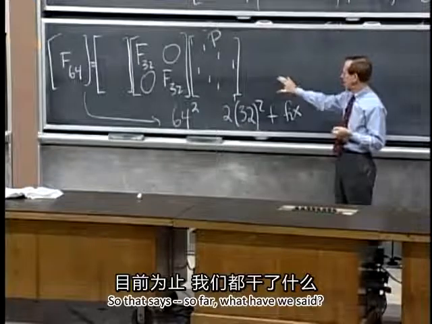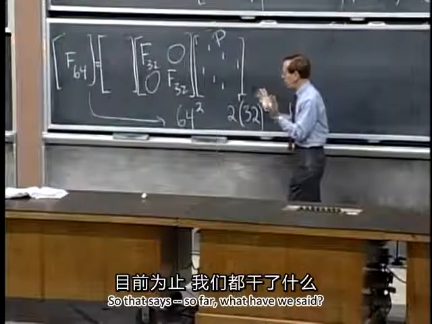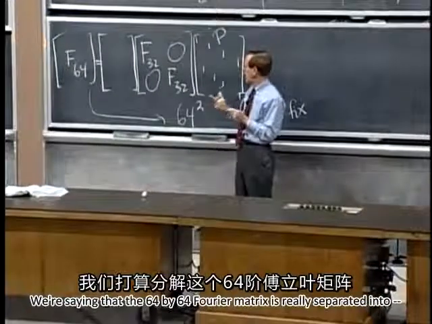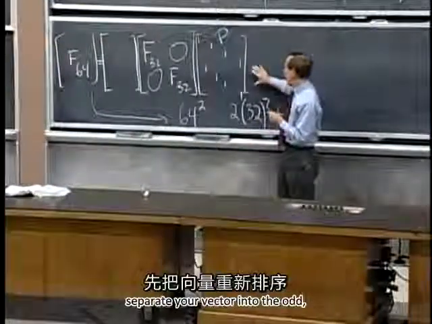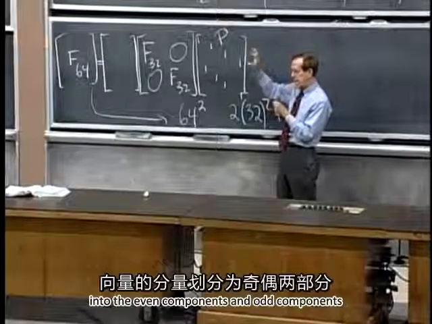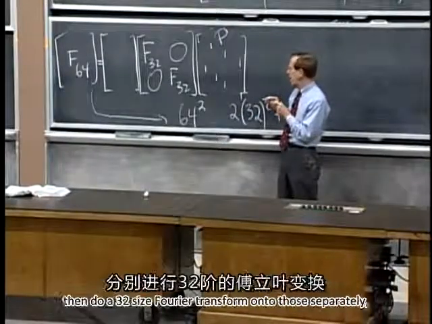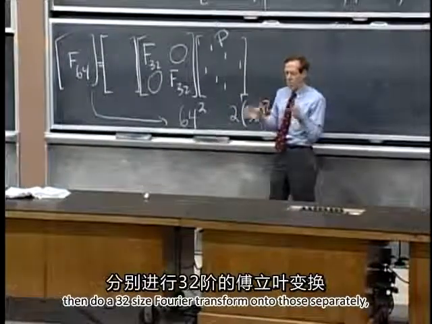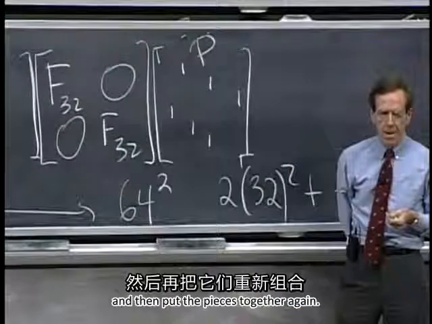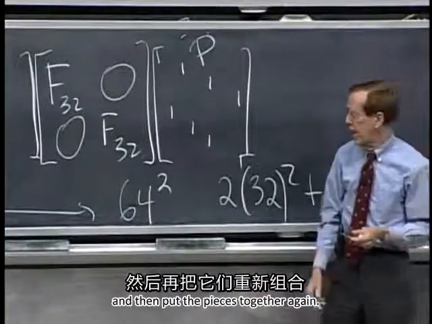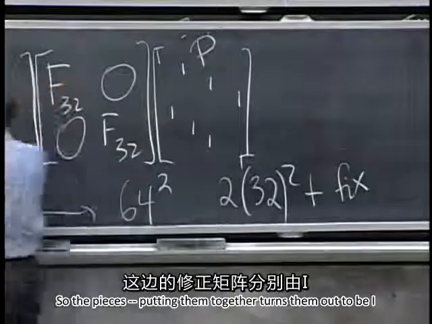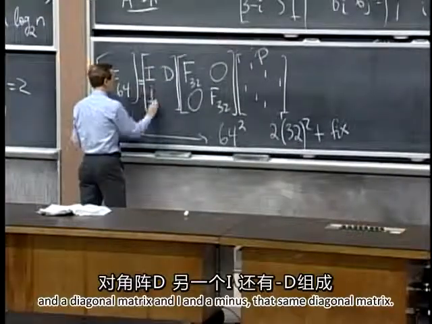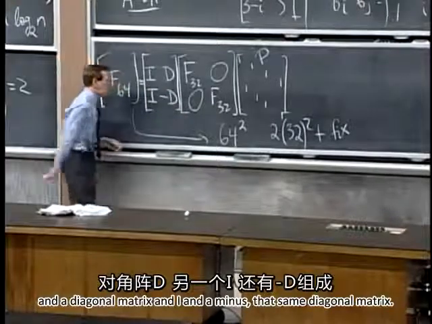So what have we said so far? We're saying that the 64 by 64 Fourier matrix is really: separate your vector into the even components and the odd components, then do a 32 size Fourier transform on those separately, and then put the pieces together again. Putting them together turns out to be I and a diagonal matrix, and I and a minus that same diagonal matrix.